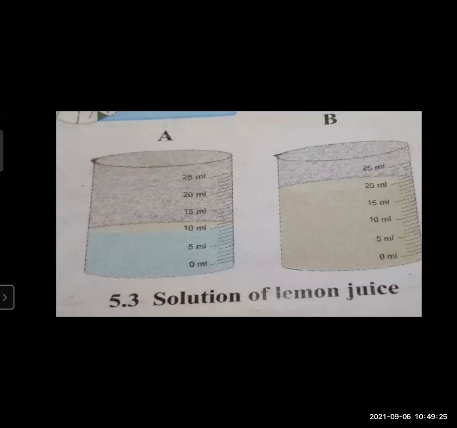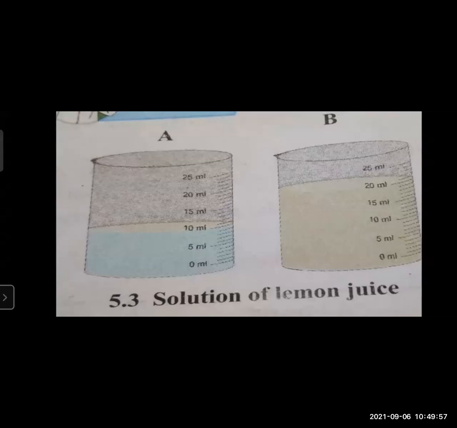So now what we are studying is concentration of acids and bases. Here you can see 2 beakers are there, and let us now know what has been happening here. Let me tell you about the beaker. What is a beaker? It is laboratory equipment which we use for performing different types of science experiments.